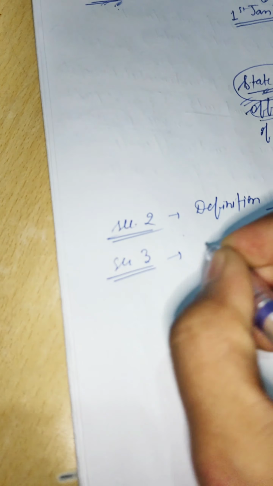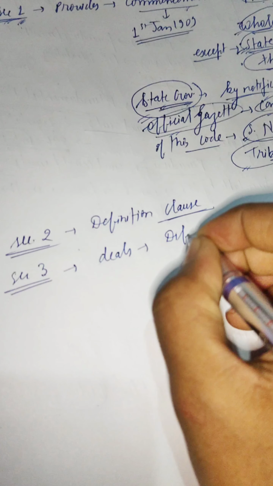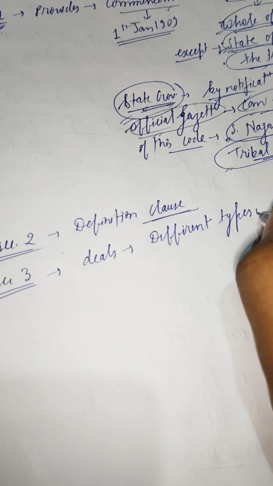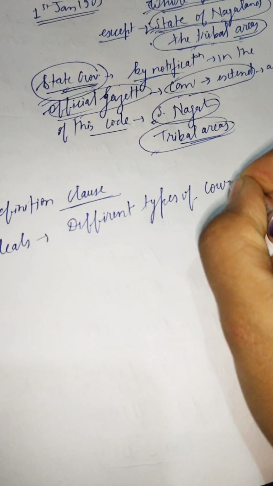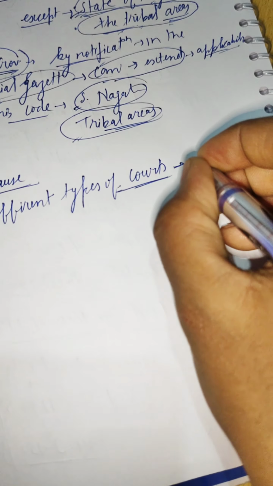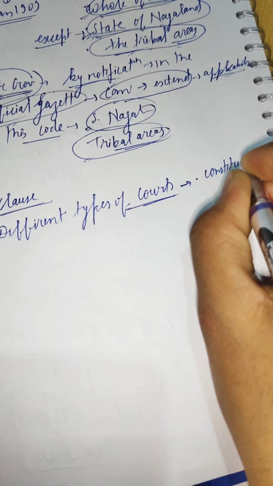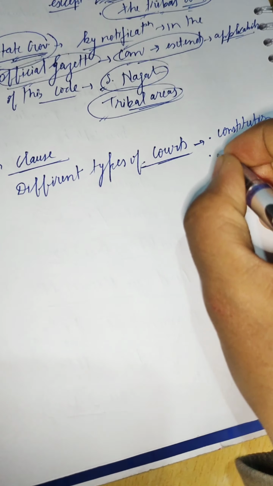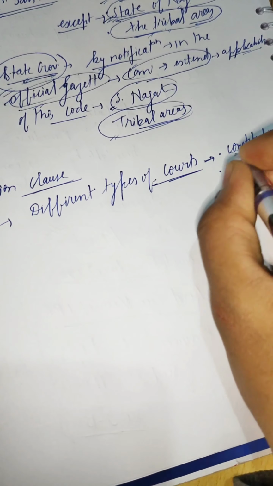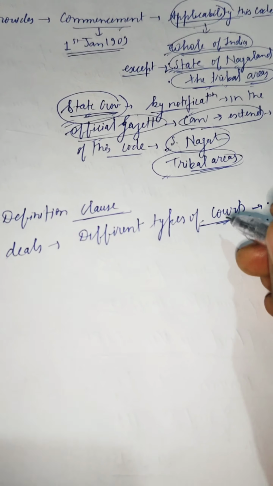Then we have section 3, which deals with different types of courts, their constitution and their jurisdiction.